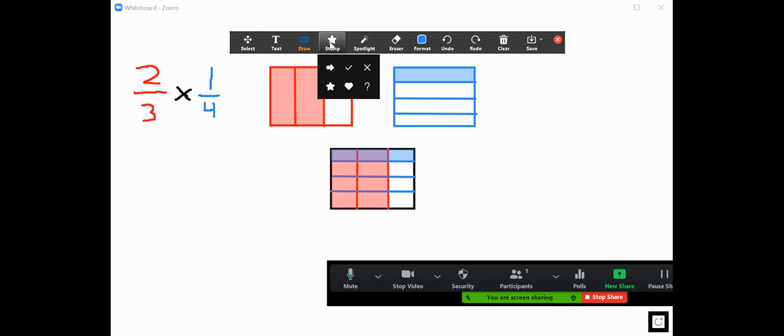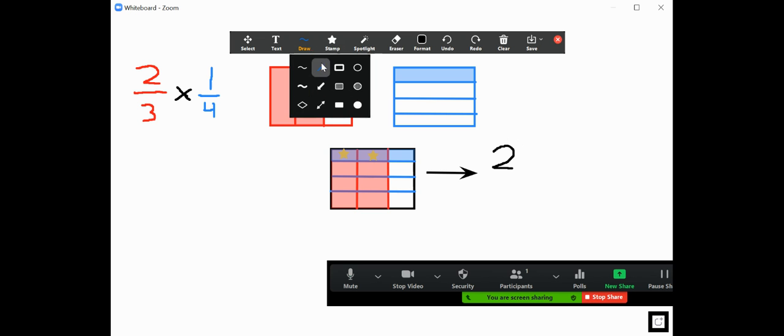Well, those 2 specifically, that's our numerator. So if I'm going to have this equal something, that's going to equal 2 as our numerator. But now here's the question. What is the denominator?